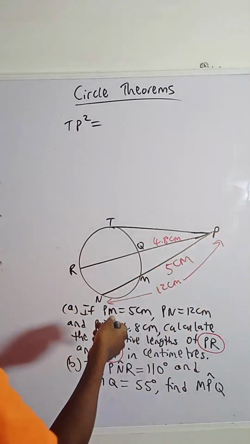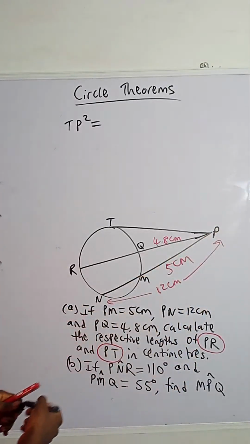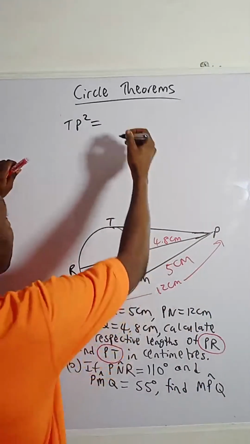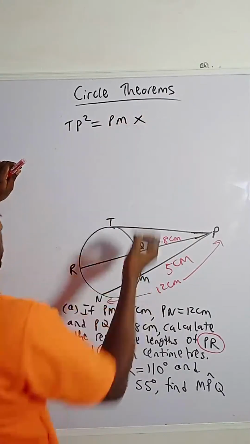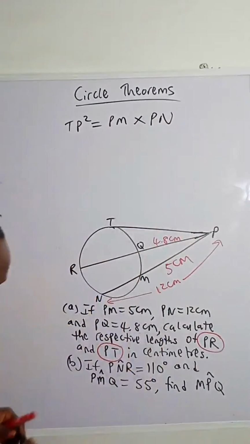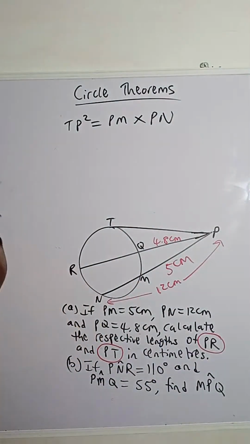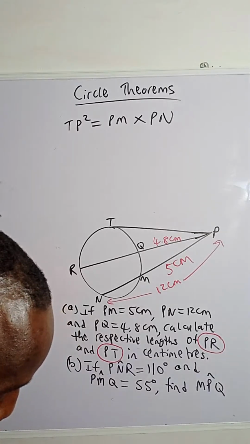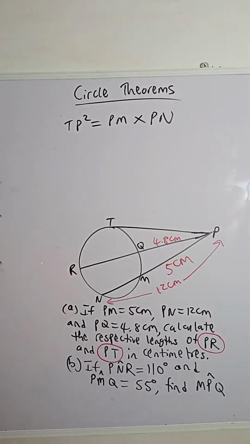One of the secant. So what are we going to use now? We can say PM times what? PN. Is that okay? Are we together? PT is 6.9.